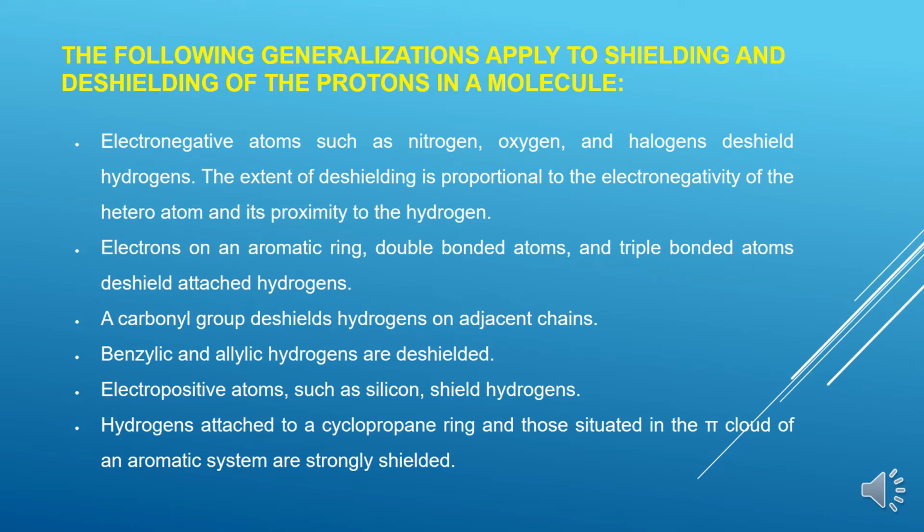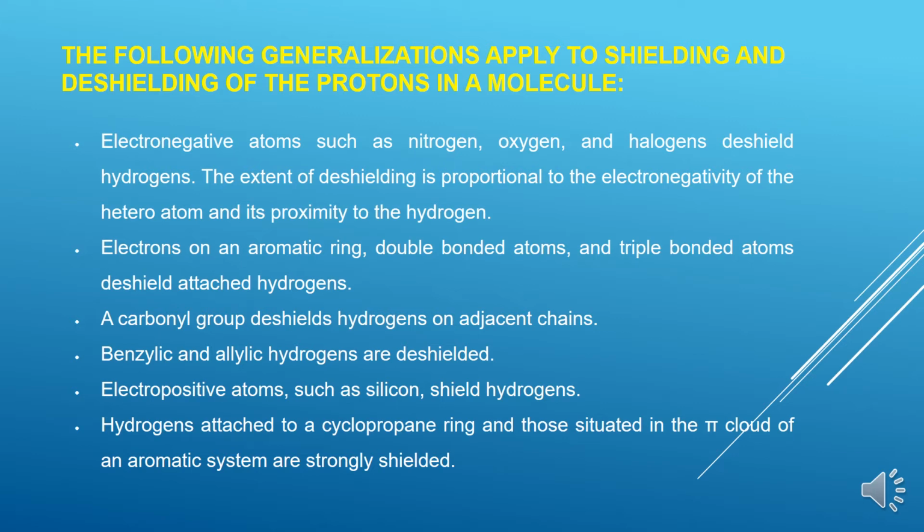Electrons on the aromatic ring, double bonded atoms, and triple bonded atoms de-shield the attached hydrogens. Remember, carbonyl groups de-shield the hydrogens on the adjacent side. Benzylic and allylic hydrogens are also de-shielded, because of resonance. Electropositive atoms such as silicon shield the hydrogens.